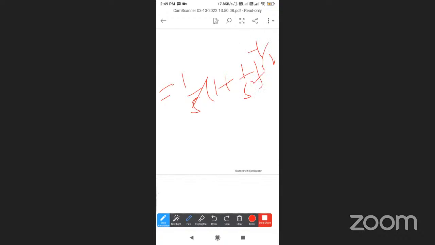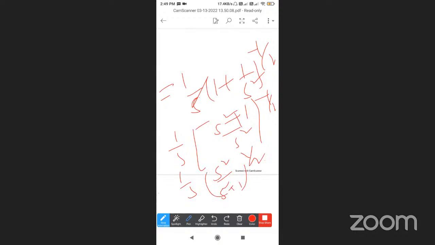Rewriting, this is 1 by s into s square by s square plus 1, whole power of 1 by 2. The s cancels, so we get 1 by under root of s square plus 1.